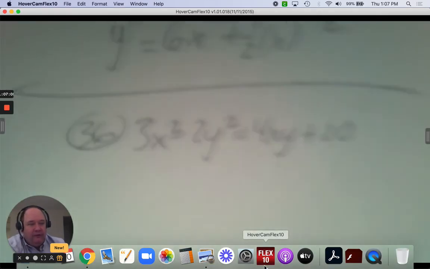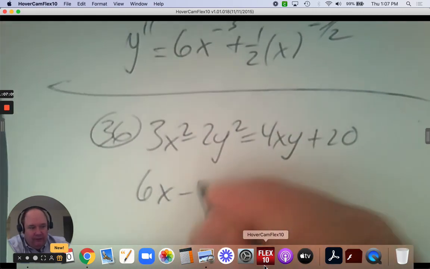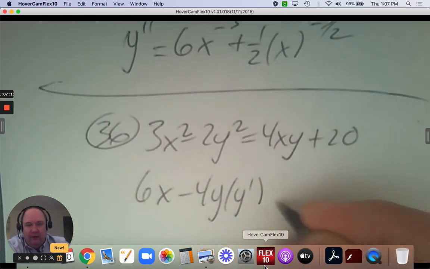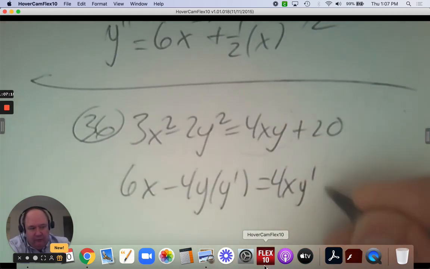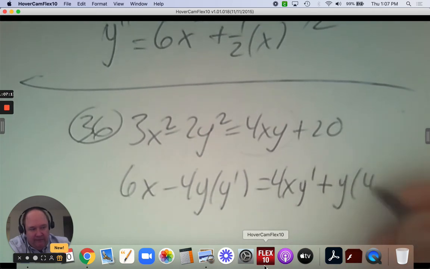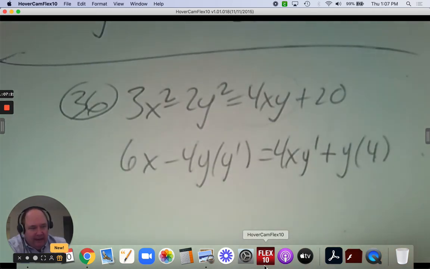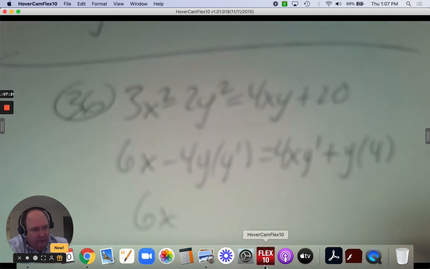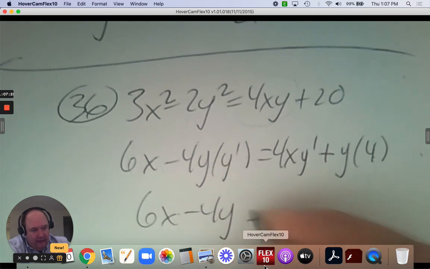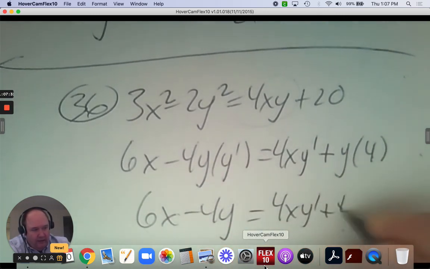So to do this implicitly, this is going to be 6x. The derivative of this is negative 4y, but it needs a y prime. This is the product rule. The first times the derivative of the second plus the second times the derivative of the first, and 20 is 0. Gather up the y's. So I'm going to subtract 4y, and I'm going to add 4y y prime.